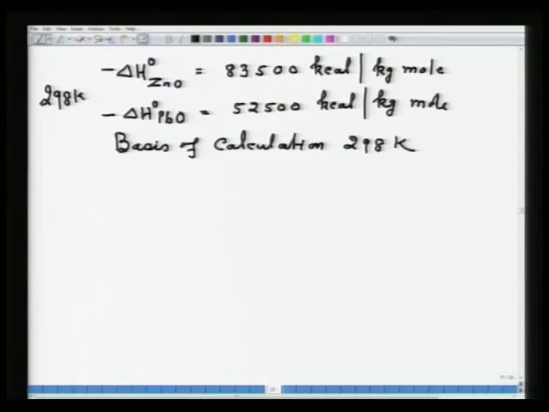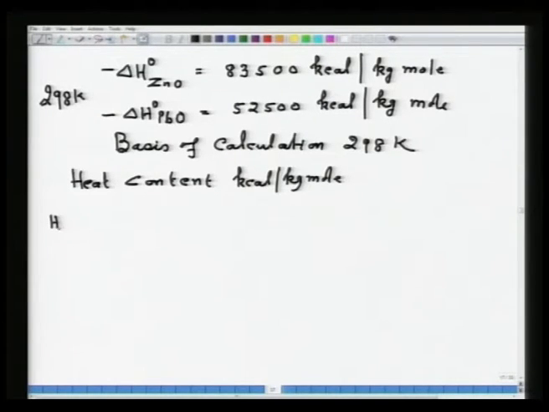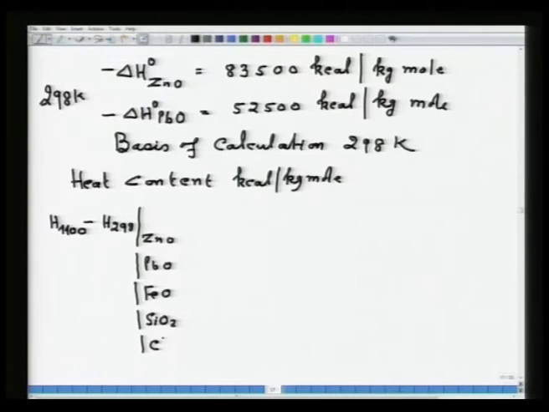Now, you need the heat content values. So, I am giving you the heat content values in kilocalorie per kg mole. For example, here H 1100 minus H 298 for ZnO, for PbO, for FeO, for SiO2, and for carbon, since we have taken coke as pure amorphous carbon.